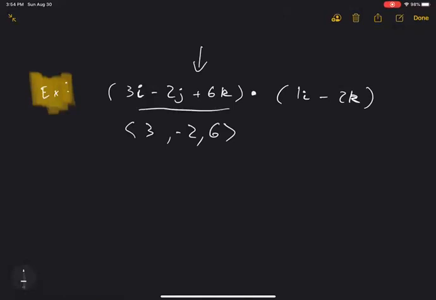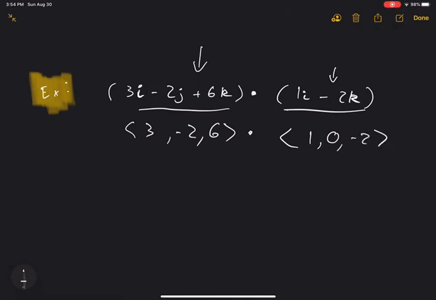So this is my vector. And what's this vector on the right side? How can I write that vector? I have a dot product here. 1i minus 2k. Well, 1i tells me I have a 1 here. And there's no j in here, so I can think of my j, my y component, as being 0. And I have minus 2k, so I got minus 2 there.